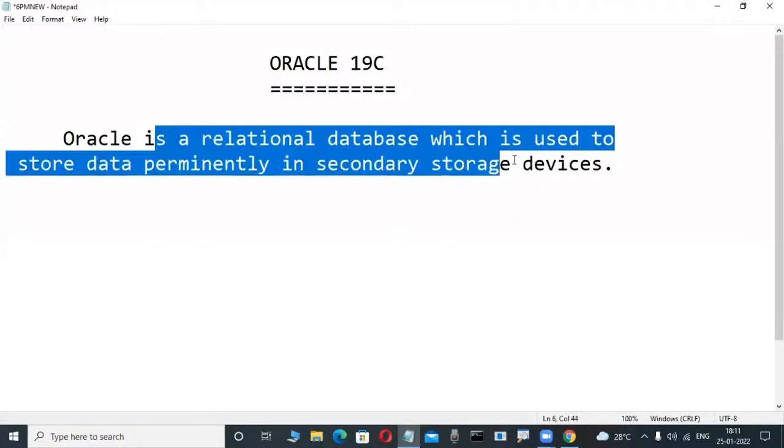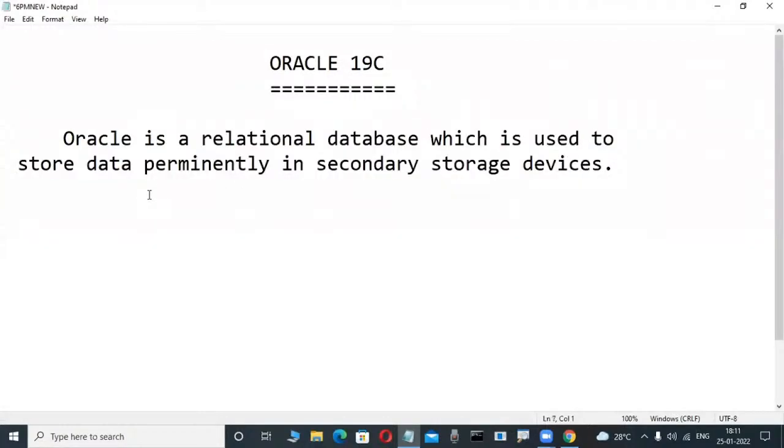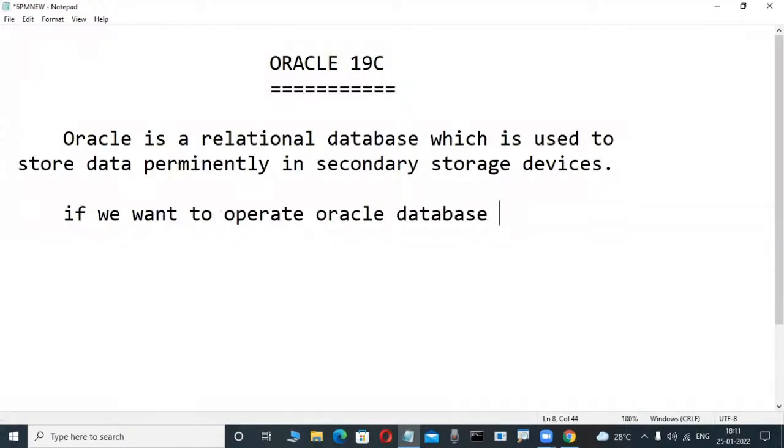Oracle is a relational database which is used to store data permanently in secondary storage devices. Everyone knows. Write it. Next, very slowly, very easy. If you want to operate an Oracle database, then we are using the following languages.